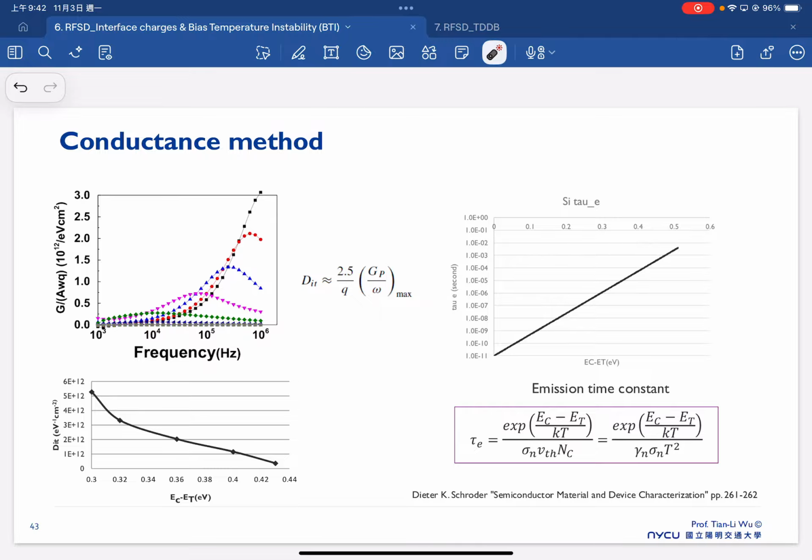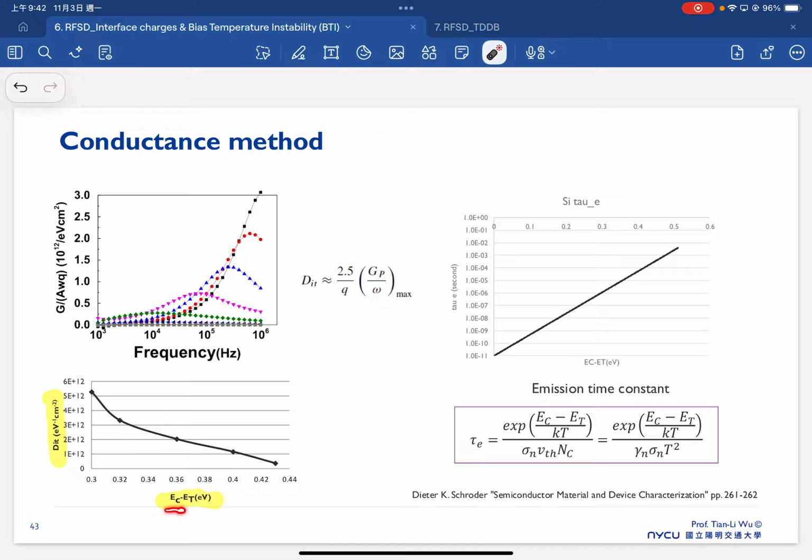When we talk about the interface state density, if you look at the literature or published results, everyone will prefer to plot in the end the interface state density versus a certain energy level, where the energy level can be referred to the conduction band or the valence band. In this case, it is a trap energy level referred to the conduction band. So this is EC here.